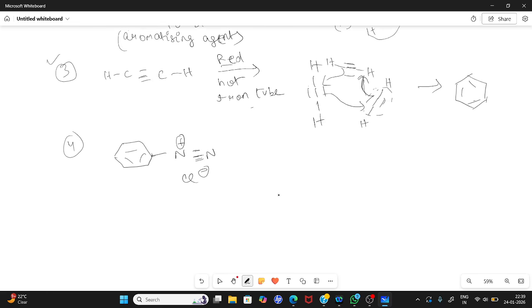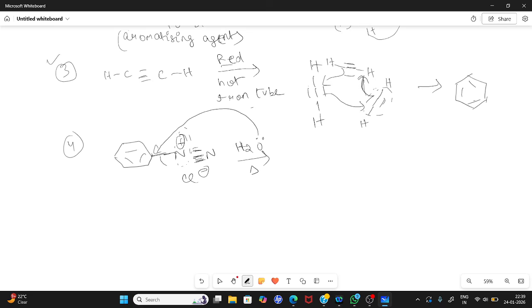This is a chloride diazonium salt, and this is H2O. So actually, such kinds of species are unstable. This positive charge is present on nitrogen atom and it will want to neutralize it. And that is why this H2O under warm conditions promotes it to attack at this particular site because this bond becomes weaker due to the presence of this positive charge as well.